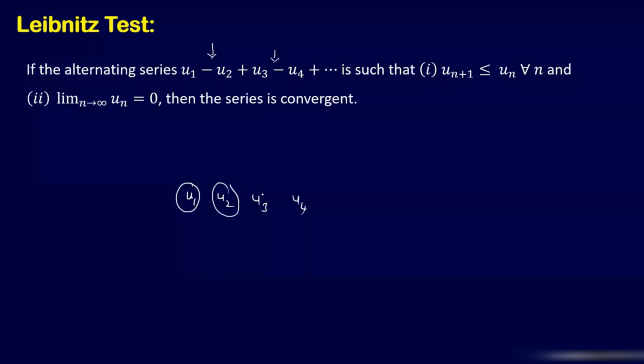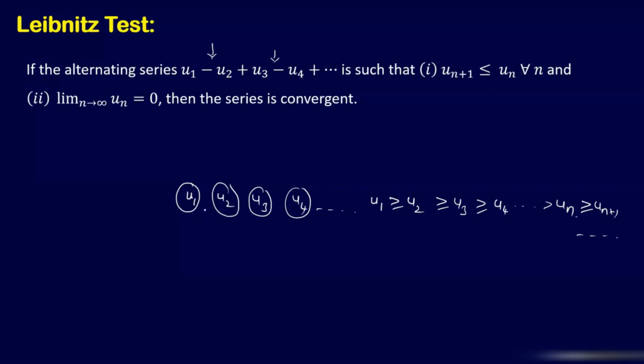These four terms, or else you can write as many as you want, are all only positive terms. And if these terms are in this way, u1 is greater than or equal to u2, then u2 is greater than or equal to u3, then greater than or equal to u4, and in general, somewhere you will find the nth term un, which is greater than or equal to u(n+1), and so on.